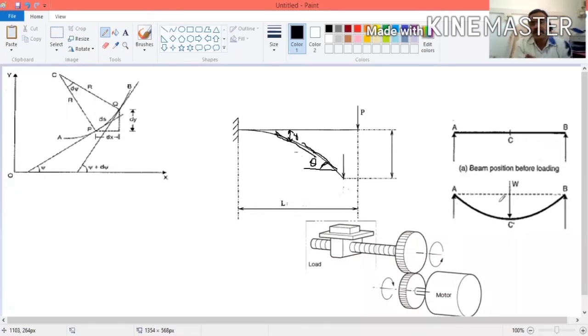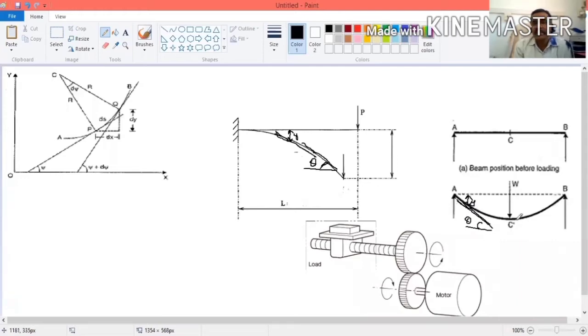Similarly, at any point you can calculate. Suppose for this beam, this is the point where you need to find the deflection. What is the deflection? The vertical distance is the y deflection. If you want to find the slope, you draw a tangent. From the horizontal, the angle is theta.